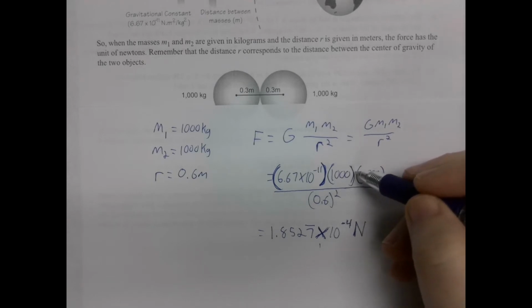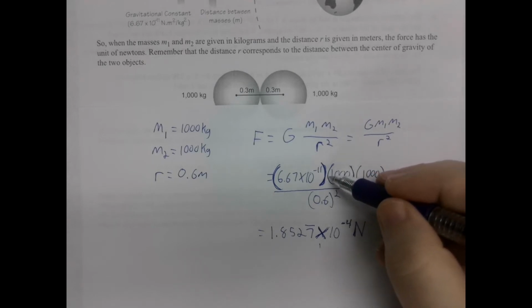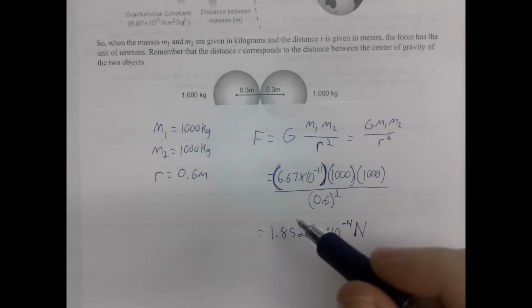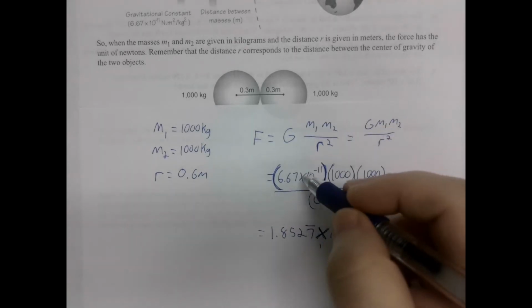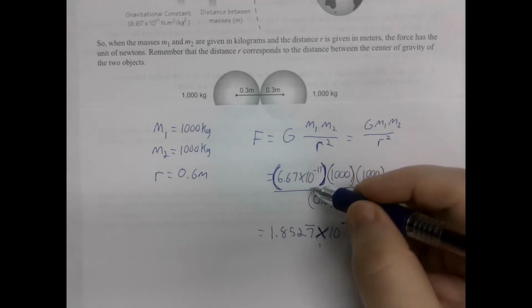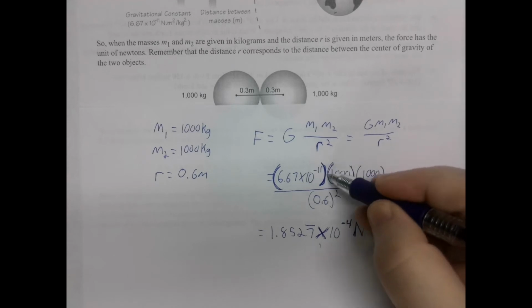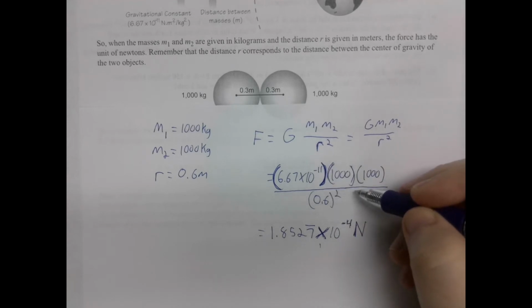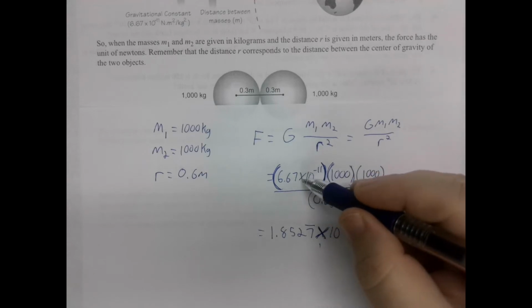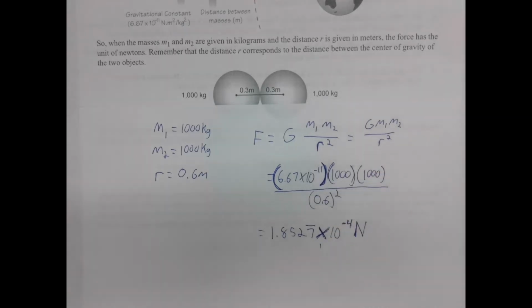I used parentheses to represent multiplication. You'll see that in physics, we do not use x when working it out, except for in scientific notation. We represent multiplication by parentheses. So here, there's no confusion. Anytime you see this cross symbol, it means times 10.